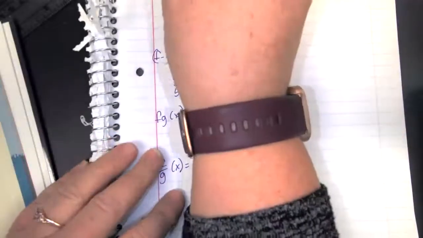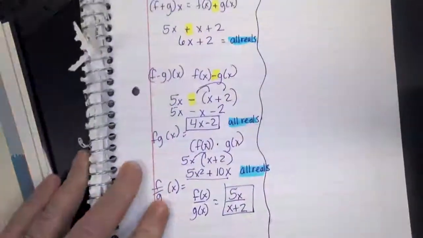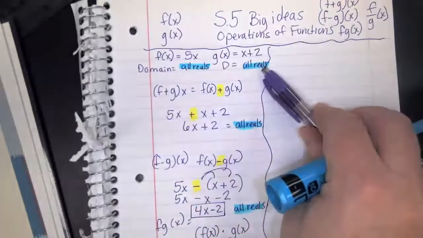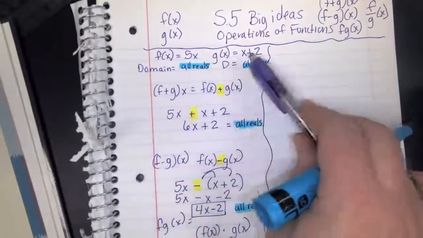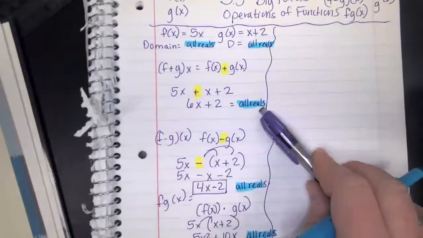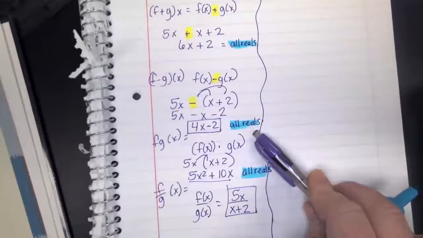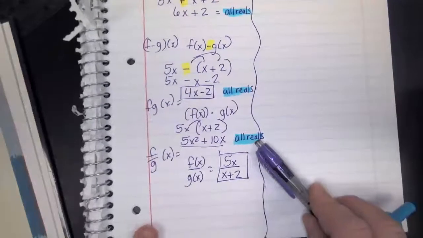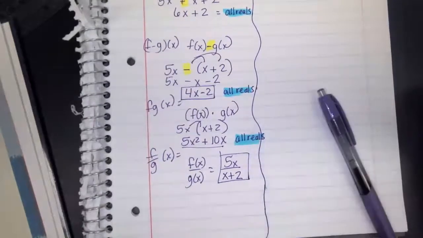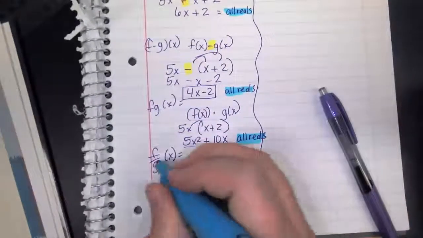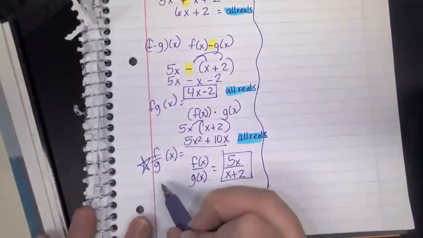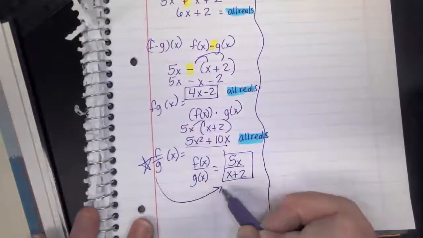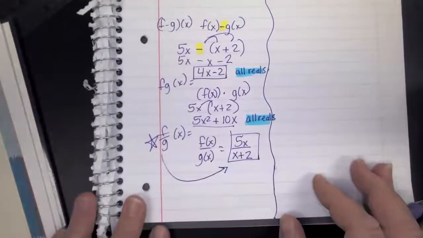You're going out on a date. This is you and this is your significant other. You can both stay out all night. It's only until you make it down here to the division where we might have to restrict the domain, okay?